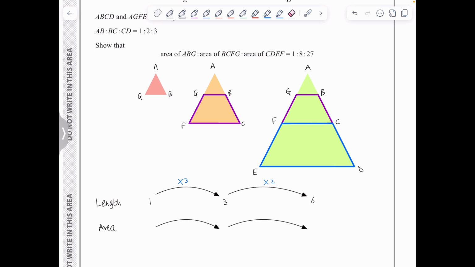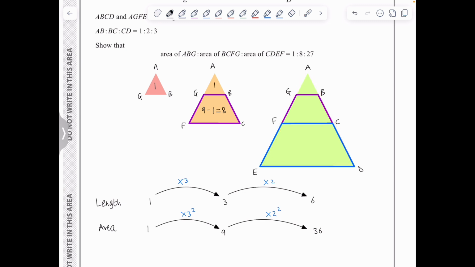And if we consider the areas, we know that the scale factors will be squared because the area is a square quantity. So it's going to be times 3 squared and times 2 squared. So if we start with 1 times 3 squared is 9, times 4 is 36. So if the area of ABG is 1, then the area of ACF is 9, and therefore the trapezium BCFG will be 9 minus 1, which is 8, and then for the triangle ADE, its total area will be 36.